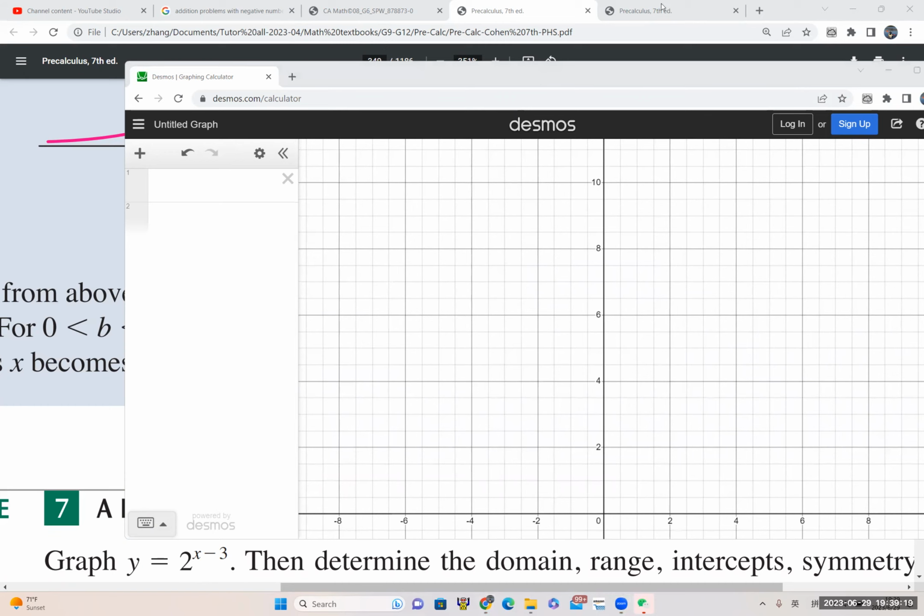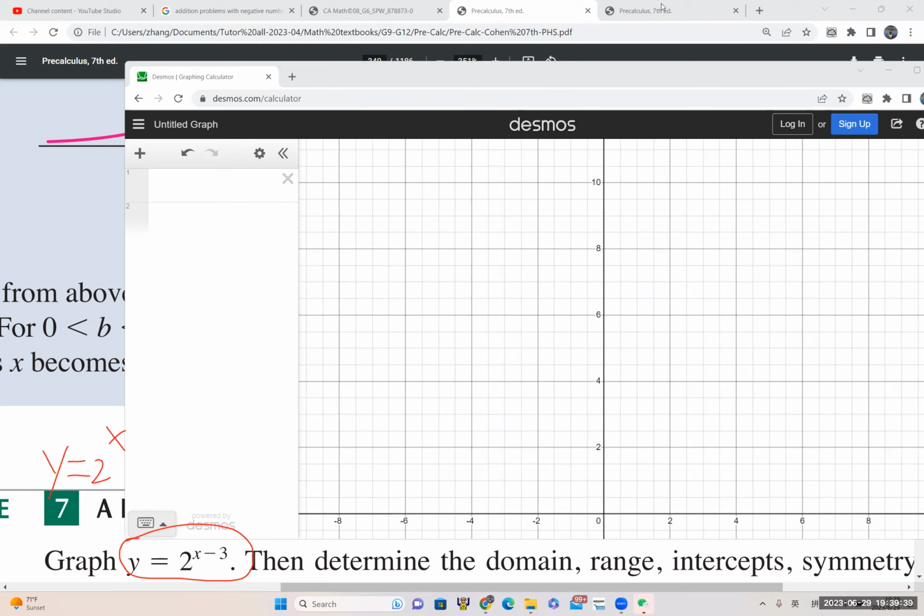Then we transform the parent function. y equals 2 to the x power. Then how to draw it? Just like this.